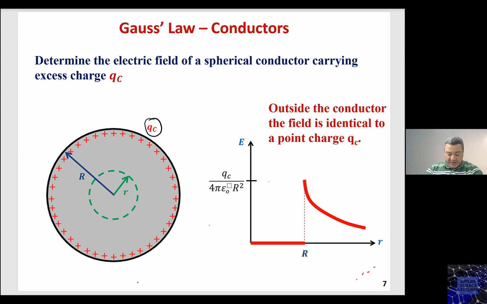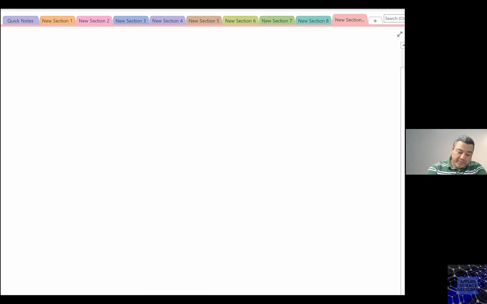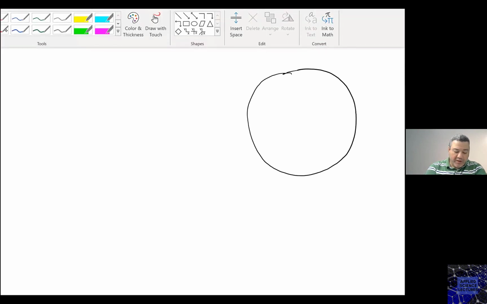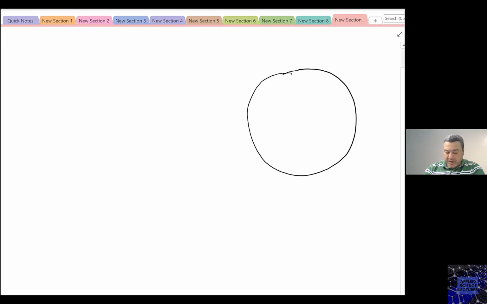Let's see how we can derive this electric field along the radial axis. At the beginning, we will draw this spherical conductor. That's a solid conductor, and then we will introduce charges to this conductor.